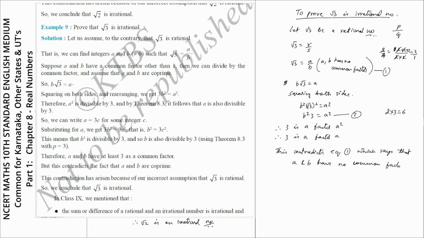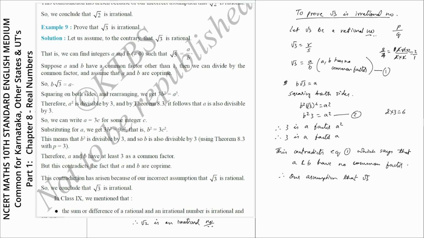Therefore our assumption, see, in the first line only I assumed that root 3 is a rational number, so that assumption itself is wrong. That's why we got contradictory equations.